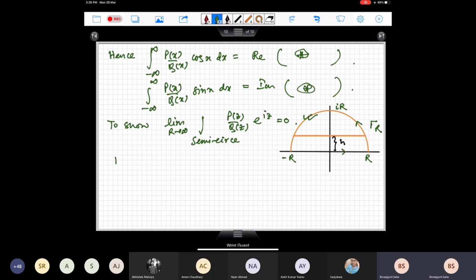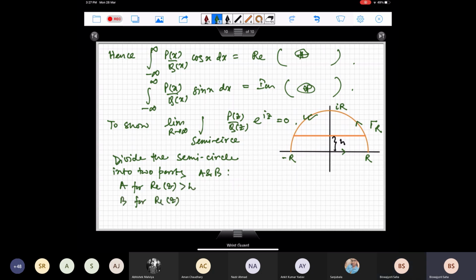So divide the semicircle into two parts, a and b, where a is for imaginary part of z bigger than h, and b is for imaginary part of z less than or equal to h.